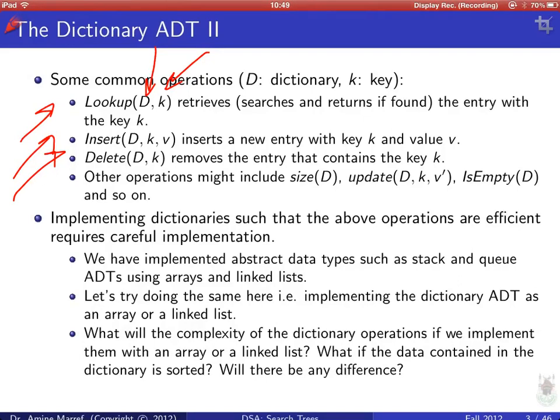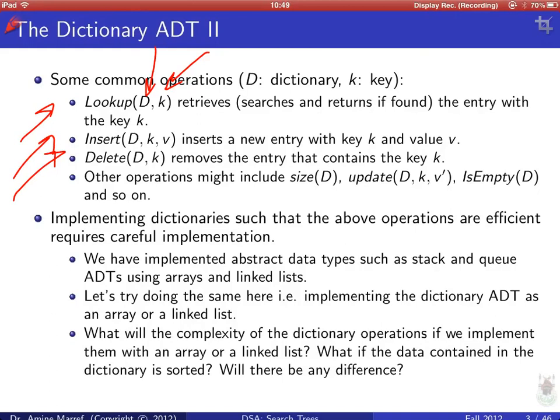Now, a little bit more complicated than the stack, we have a sorted array. We know about sorting. So let's say we choose the unsorted array to implement the dictionary, or choose the sorted array to implement the dictionary. Now what does that mean? What does it mean to choose the unsorted array?